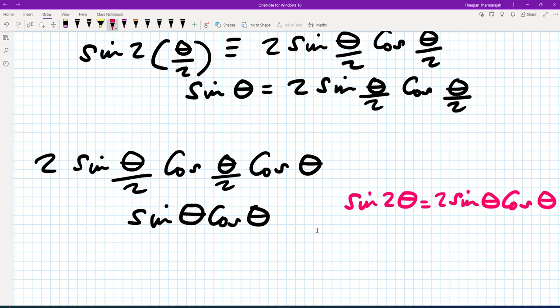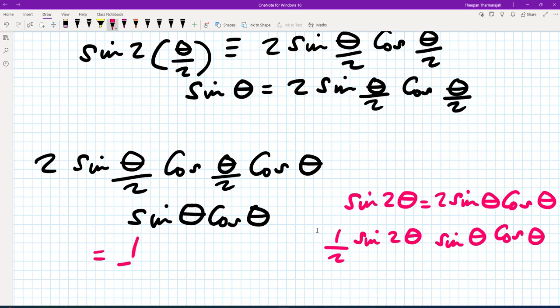Now to get sine theta cos theta on its own, that's going to be half of sine 2 theta. So we can say that this is the same as half sine 2 theta, which is exactly the same as the right hand side, and we have proved our identity.